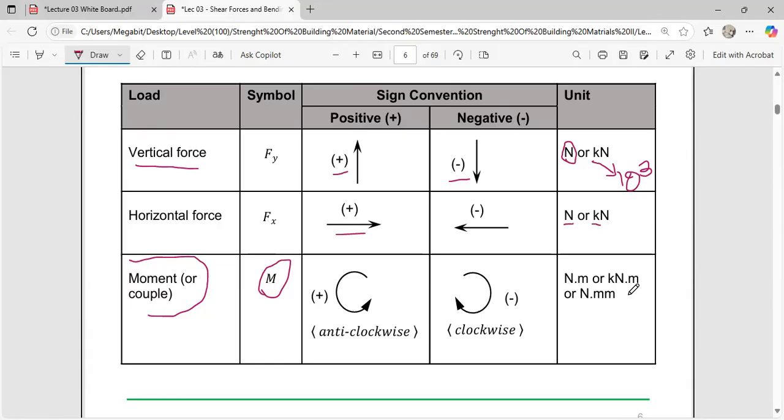Based on the measuring rule which you are using, you may be asked to convert into either newton or meters. So please take note that a moment that is moving clockwise is always negative, and a moment that is moving anti-clockwise is positive.